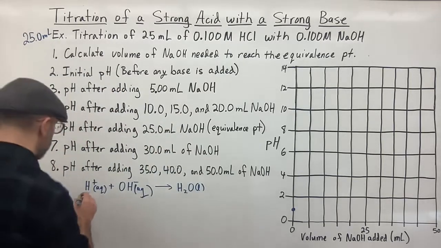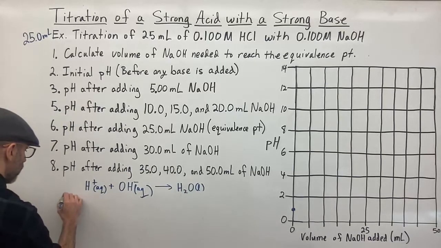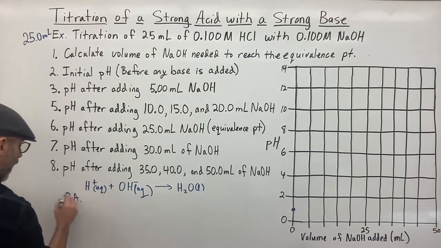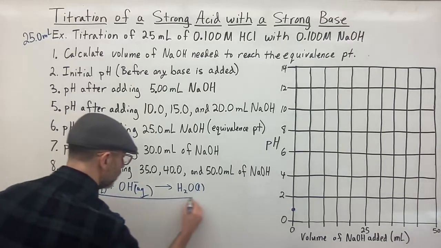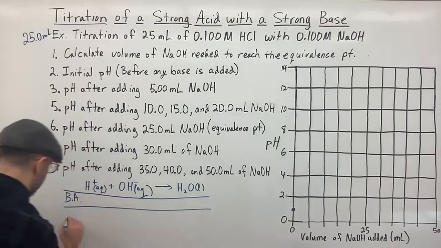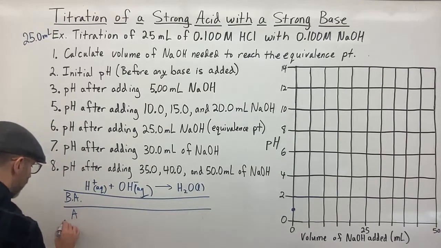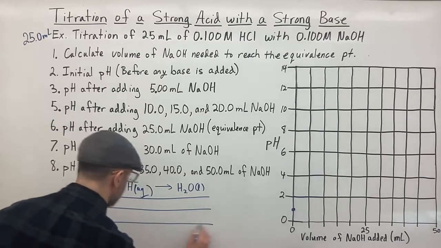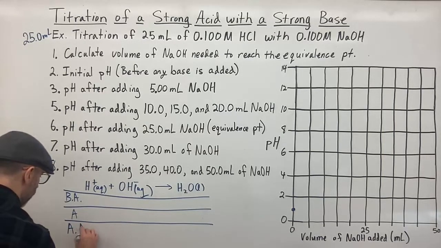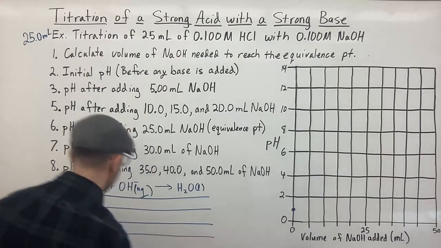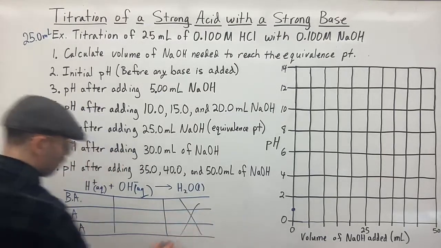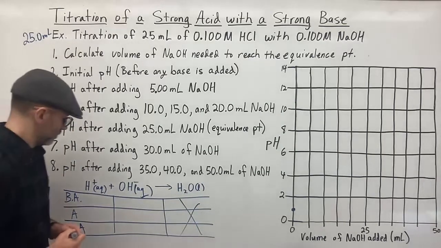Okay, so you have the before adding anything, right? So here's our table. So before we add anything, when we're going to add our base, and then after we add our base. And so we're going to ignore water here.